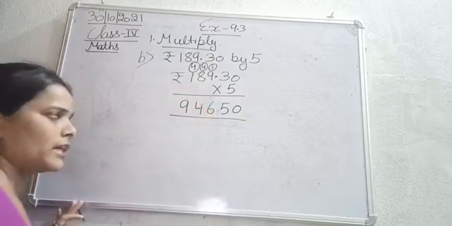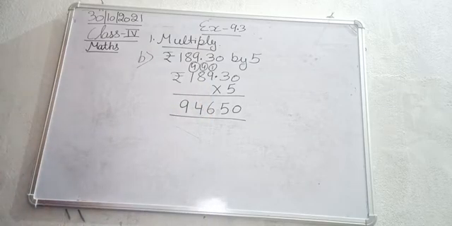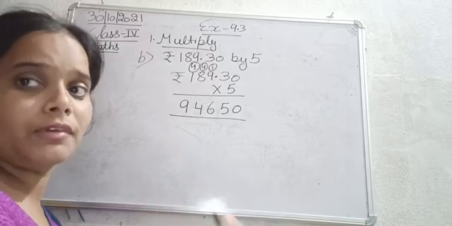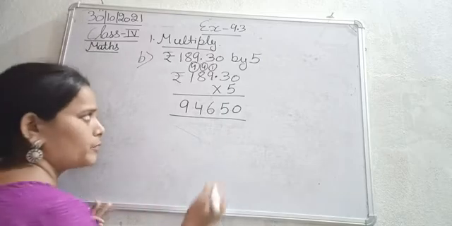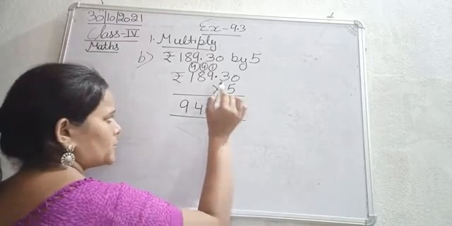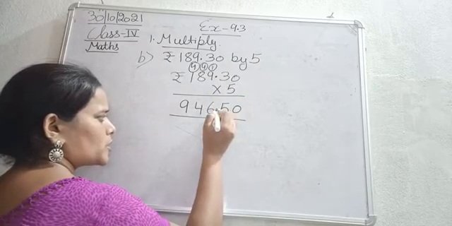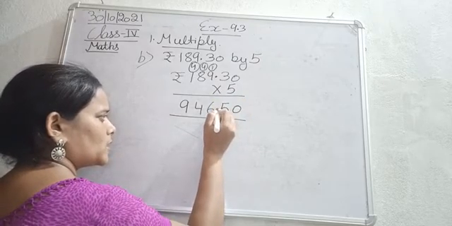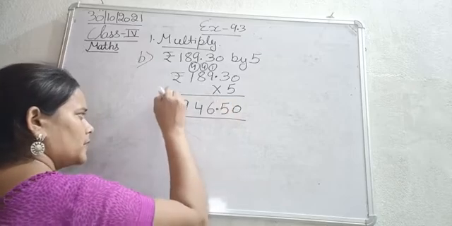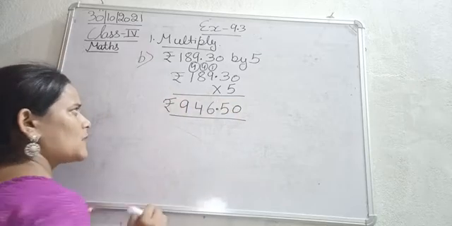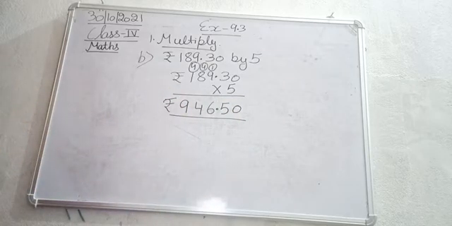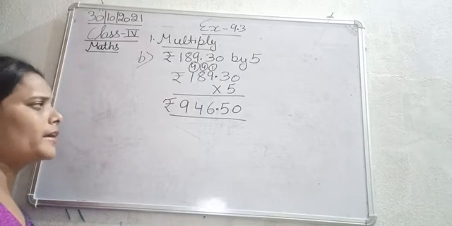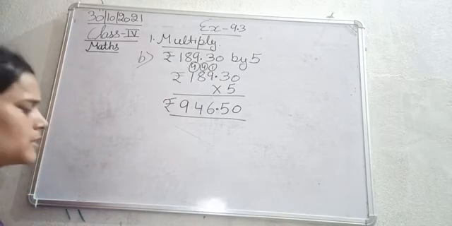Now again, first we will put the decimal or the point, and then we will put the rupee sign. So how many digits are there after the decimal? 2 digits. So 2 digits छोड़ के just put the decimal here, and then down the rupee sign. So after multiplying 189 rupees 30 paisa by 5, we got 946 rupees and 50 paisa.